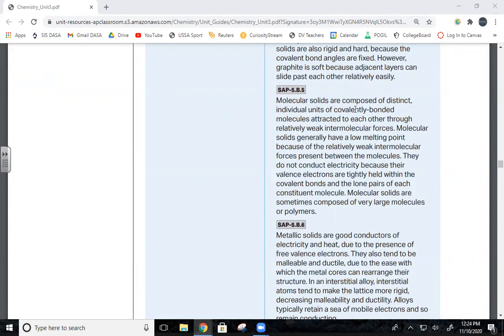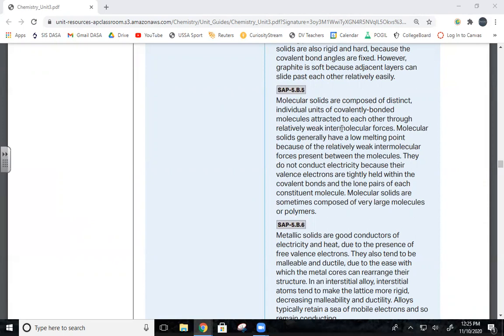What is a molecular solid? Yes. Solid made out of molecules. Well, all solids are made out of molecules. Yes, that is true. But distinct individual units of covalently bonded molecules attracted to each other through relatively weak intermolecular forces.